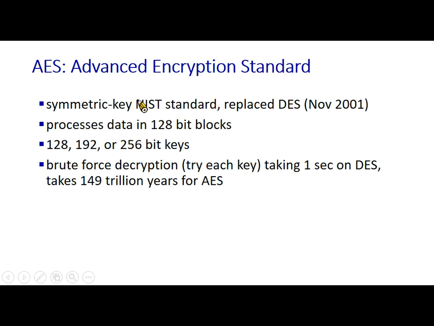It's a symmetric key NIST standard, released in 2001, which replaced DES. It processes data in 128-bit blocks, with 128, 192, or 256-bit keys. For brute force decryption, trying each key at 1 second per key on DES, it would take 149 trillion years for AES.